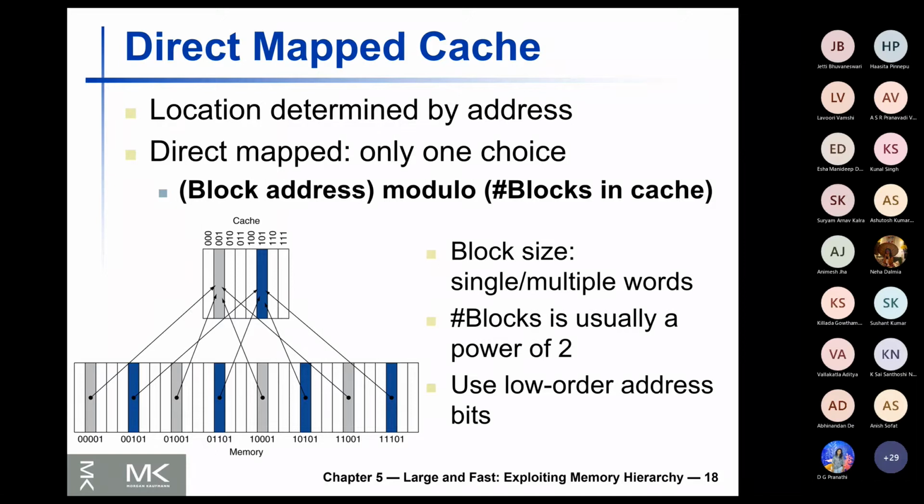First I will check. If it is present, I will say it is a write hit, and I will update the cache by updating this block on the cache. If that is not there, it will be called a write miss.